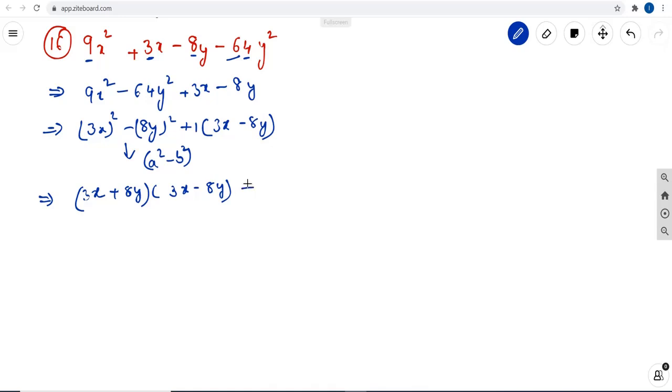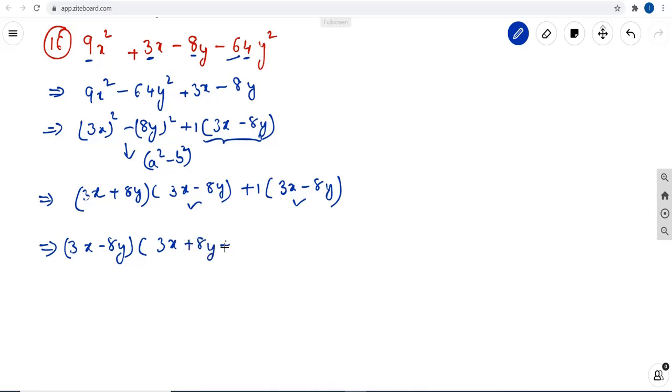Plus this term I'm going to write as it is, so plus 1 into 3x minus 8y. In this, this one and this one are common, so I will take that outside. So this becomes 3x minus 8y. If I take this outside, what is left? Left out terms are 3x plus 8y plus 1. So this is the solution for your problem number 16.